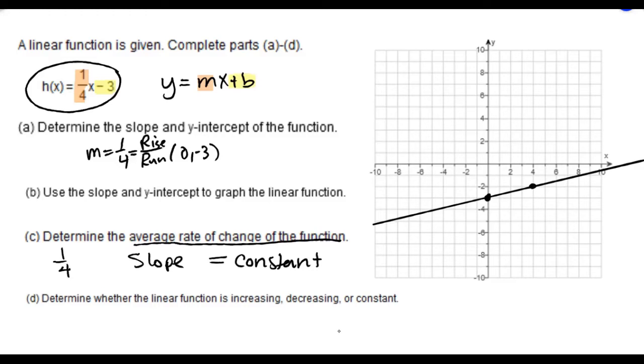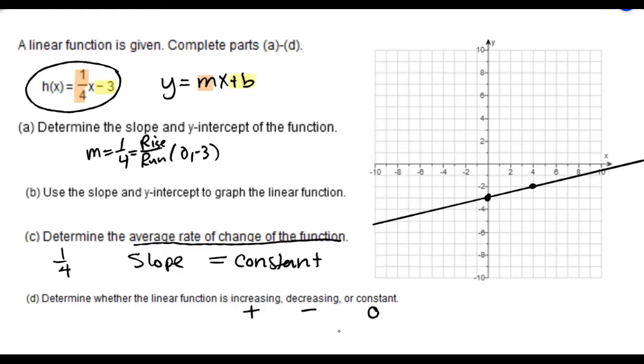Now using that average rate of change, or the slope, we can determine whether the linear function is increasing, decreasing, or constant. For any linear function that is increasing, it will have a positive slope, decreasing will have a negative slope, and constant will have a slope of 0.